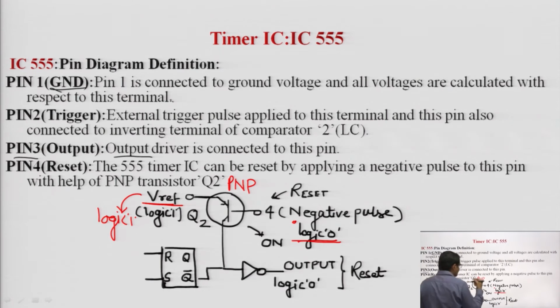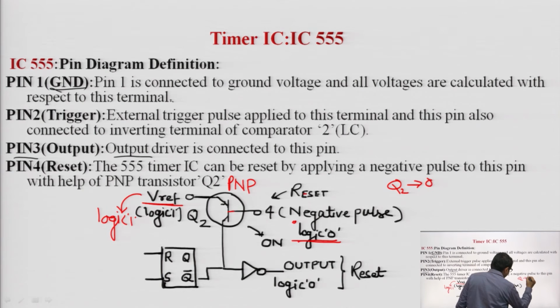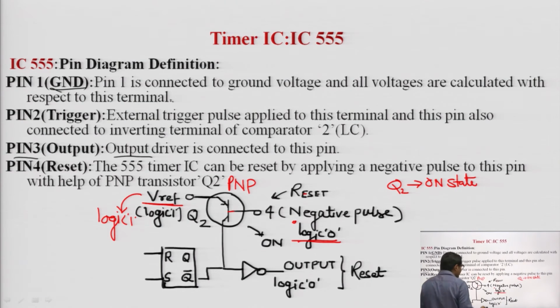If you compare PNP or NPN with PMOS or NMOS, for example PMOS is on for logic 0, and the PNP transistor is also on for logic 0. So when we apply logic 0 at pin number 4, transistor Q2 goes to the on state and behaves as a short circuit.